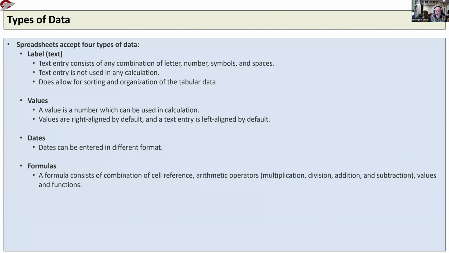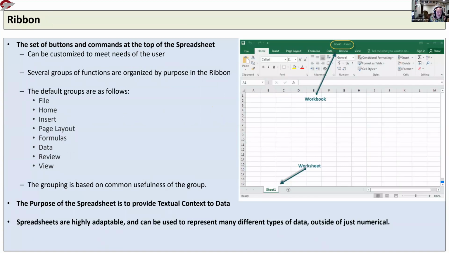Or you'll see them written out, like September 7th, 2022, or something along those lines. Formulas are used with the equal sign in front of it and a formula name, and then parentheses, which include what you're actually going to do. I'll give you an example of that here shortly.